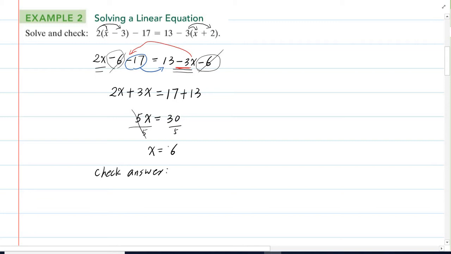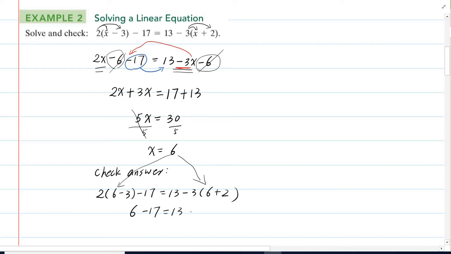We're going to plug the 6 back into the original equation. That would be 2 times (6 minus 3) minus 17 equal to 13 minus 3 times (6 plus 2). All we're doing is plugging your 6 in for your x. Then we have 2 times 3 is 6, minus 17.